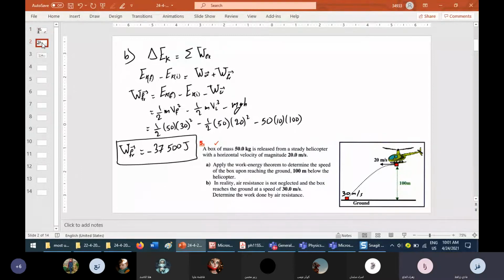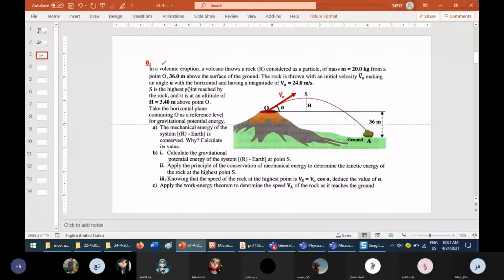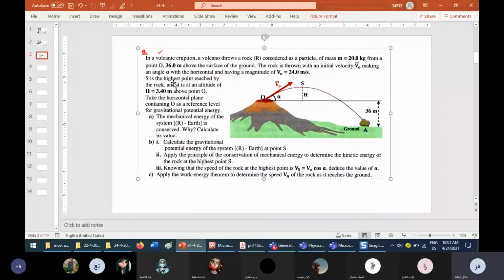Question 6. In a volcanic eruption, the volcano threw a rock R, considered as a particle of mass 20 kilogram, from point O, 36 meter above the surface of the ground.